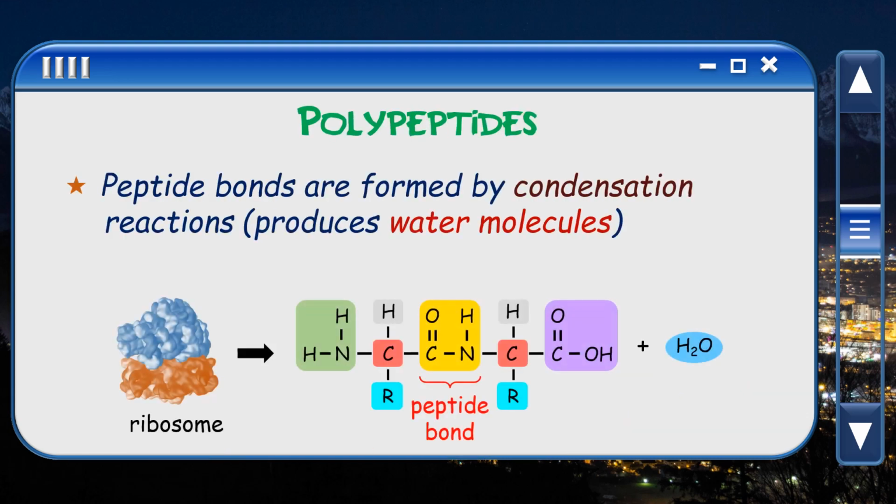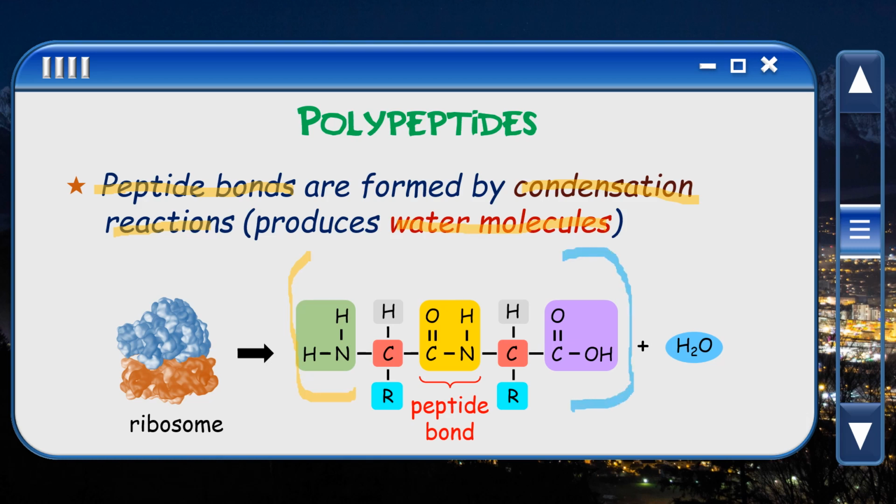The peptide bonds are formed by a condensation reaction. And what is a condensation reaction? A condensation reaction is what produces a water molecule. We have one amino acid on one side and another on the other side.